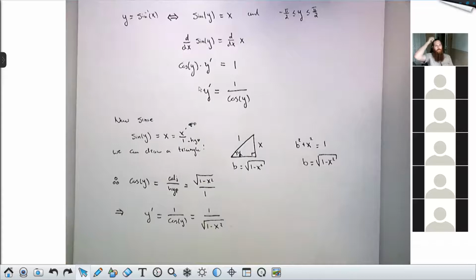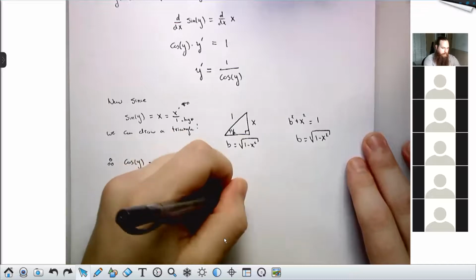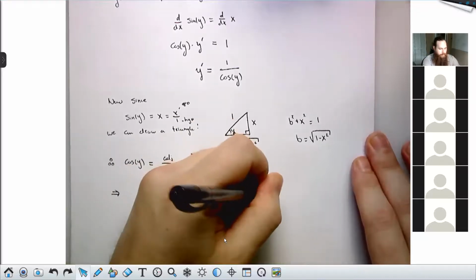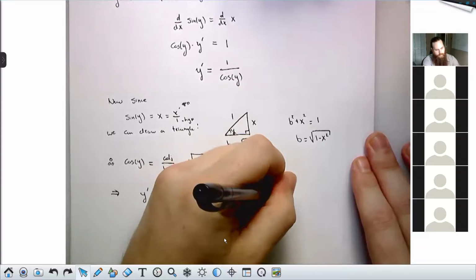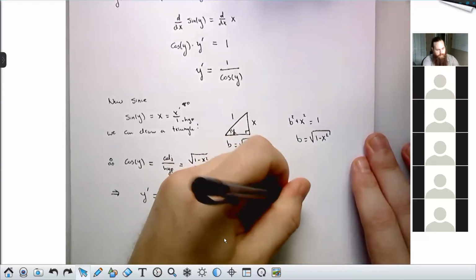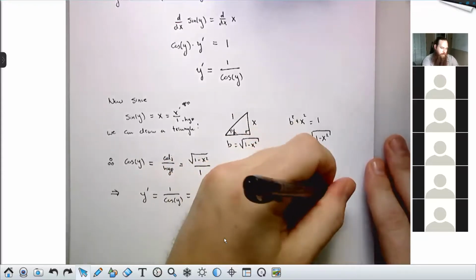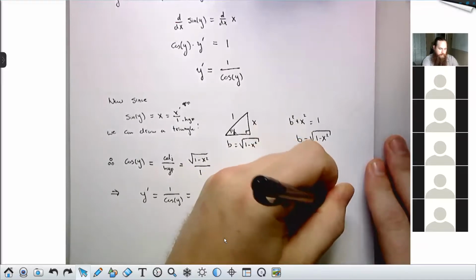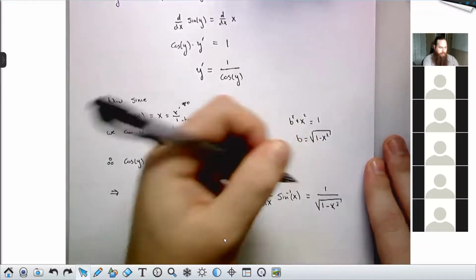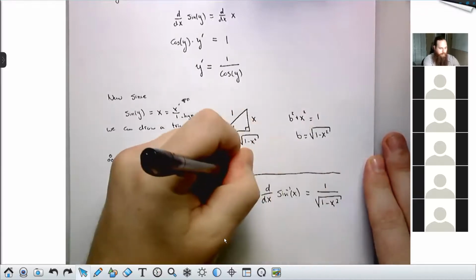And that's it. We're done. If y is the inverse sine of x, then y prime, its derivative, is 1 over the square root of 1 minus x squared. That is, the derivative d dx of the inverse sine of x is 1 over the square root of 1 minus x squared.